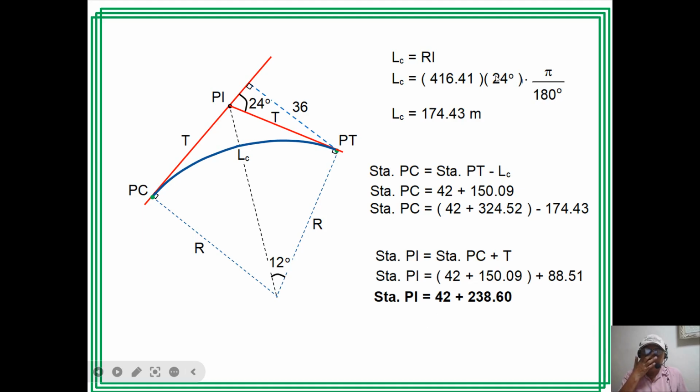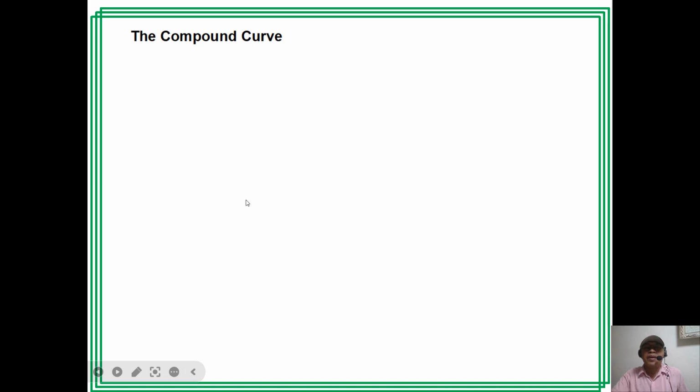Okay, so that is about the simple curve. We have the elements, and then by using trigonometry, we can just solve the requirement. Now we have the compound curve. A compound curve is composed of two simple curves connected together. We have here the green simple curve and the red simple curve.